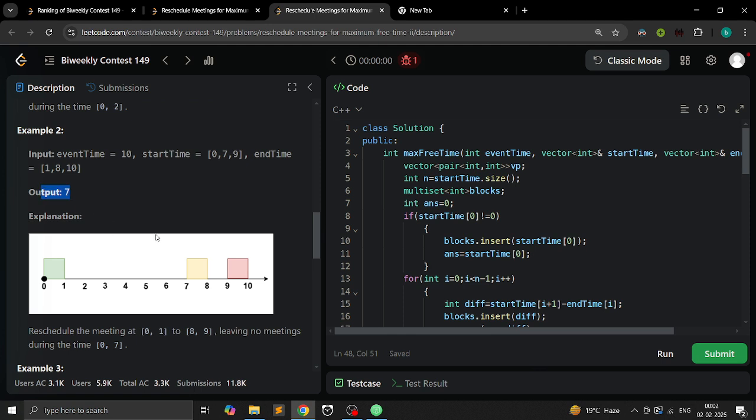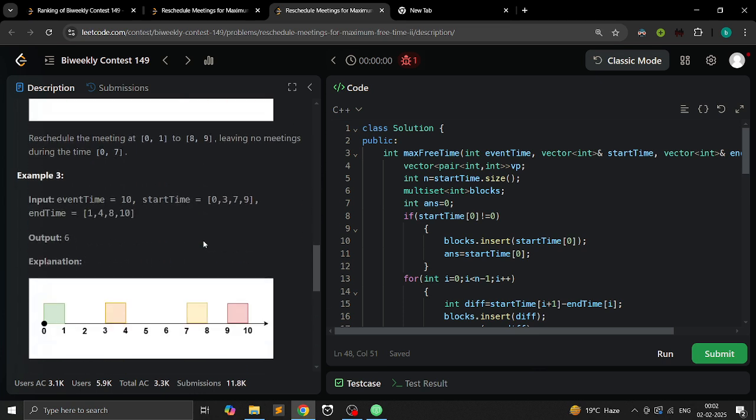Any other option would be to move this block just after the green block, then we have the maximum from 2 to 9. If you move red, then I don't think we can have the maximum free time.